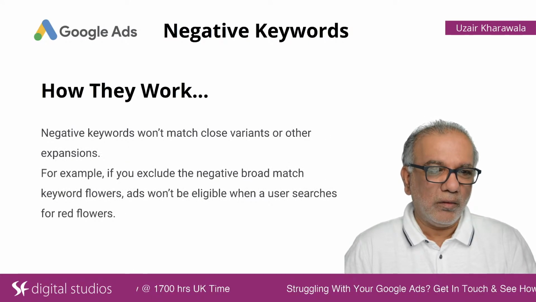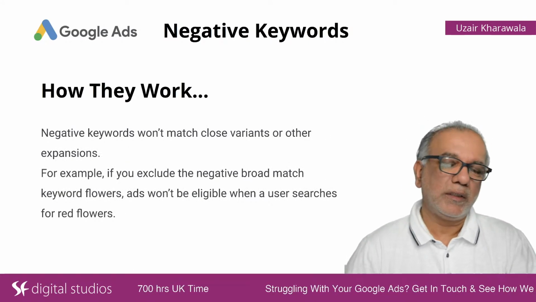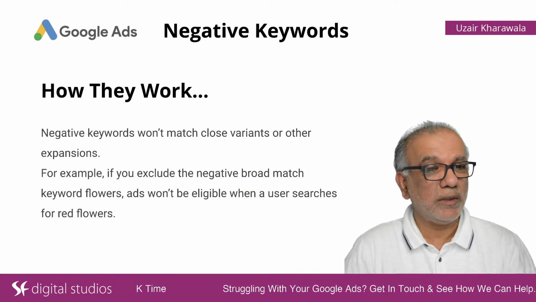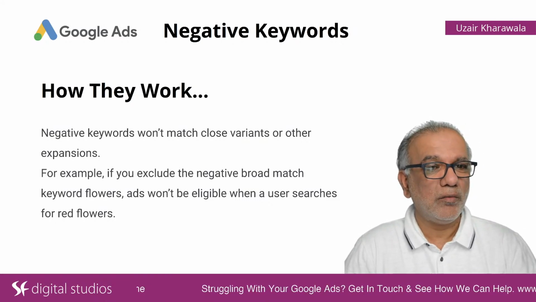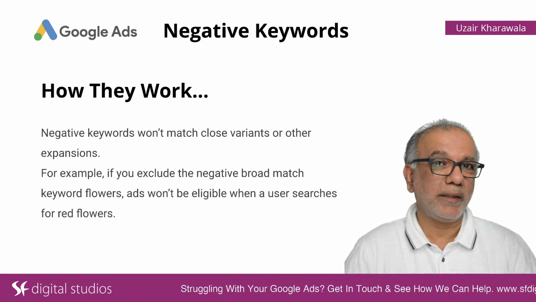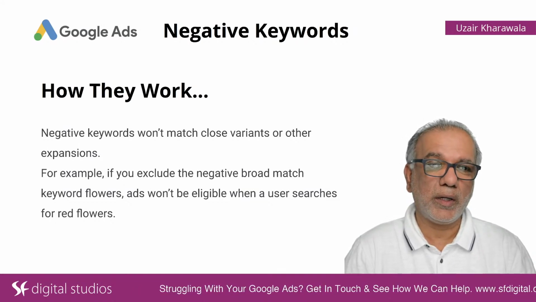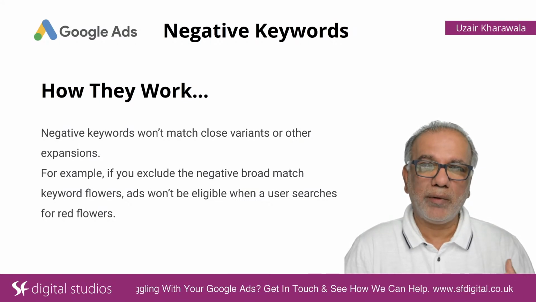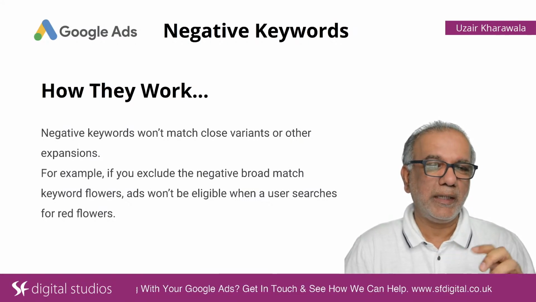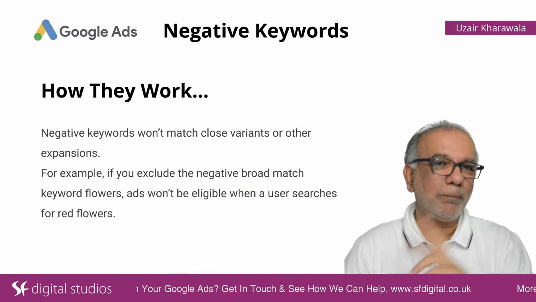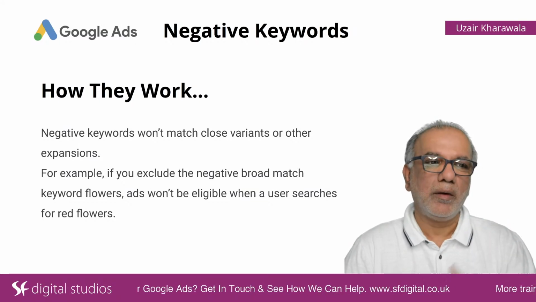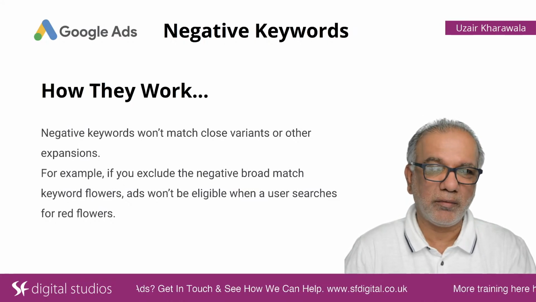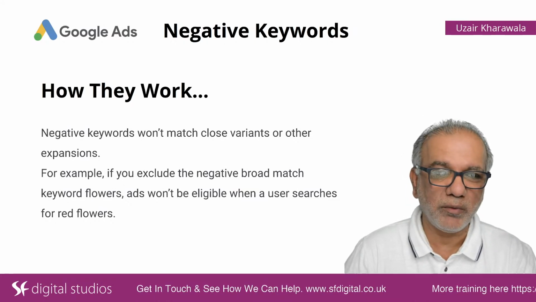Negative keywords, unlike positive keywords, won't match for close variants or other expansions. Now this is quite important, so you've got to understand how negative keywords work, because the word negative is the complete opposite of positive, and they behave in the opposite way to positive keywords.